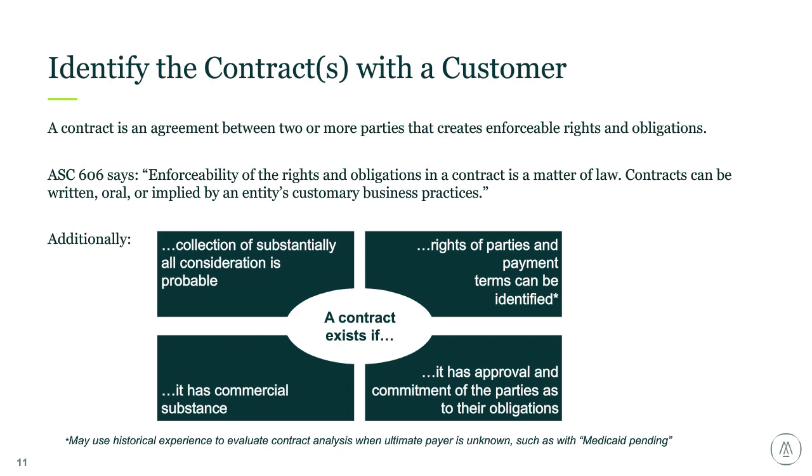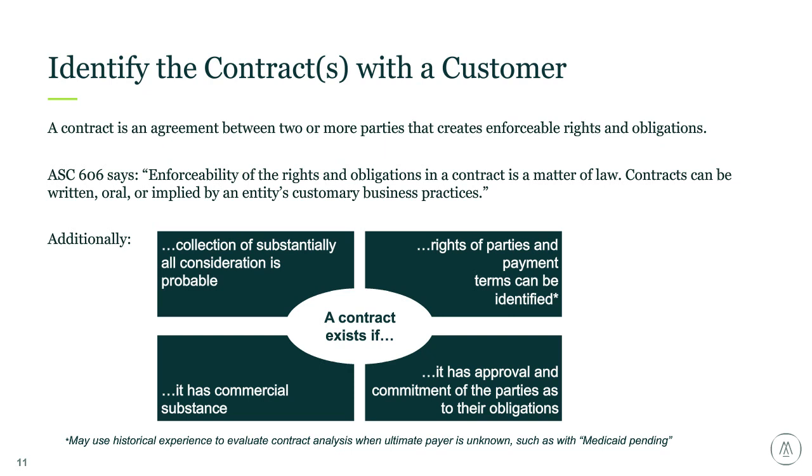If the hospital subsequently determines that the patient is uninsured, it may try to qualify the patient for Medicaid coverage. This qualification process could take several weeks to over a year, so a hospital may classify this patient initially as Medicaid pending. Because the hospital doesn't know the final payor and payment amount, does that mean that there isn't a contract until Medicaid issues their final decision?